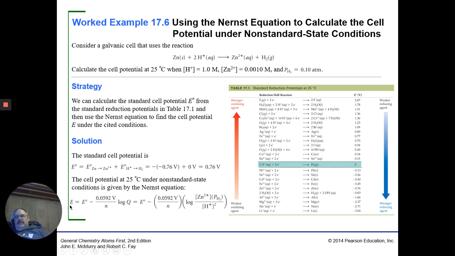We're looking for the non-standard potential, and we would calculate Q this way. It's zinc concentration times the pressure of hydrogen gas divided by the hydrogen ion concentration squared. We can see that there are 2 electrons being transferred, so n is 2.